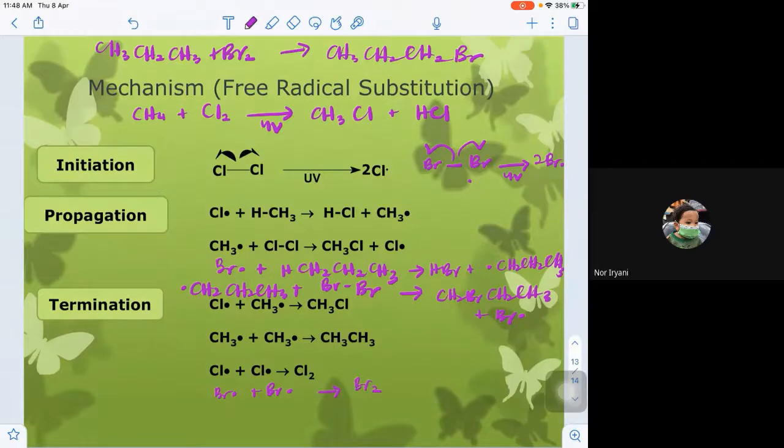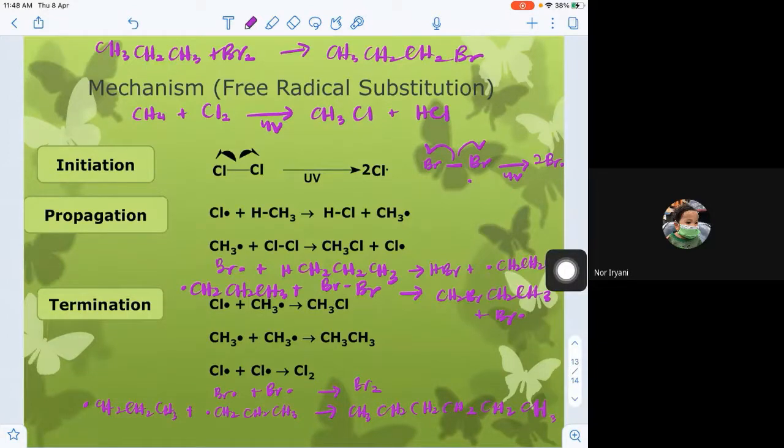Then it is possible for the CH2CH2CH3 radical to mix with another CH2CH2CH3 radical so that they turn to CH3CH2CH2CH2CH2CH3.